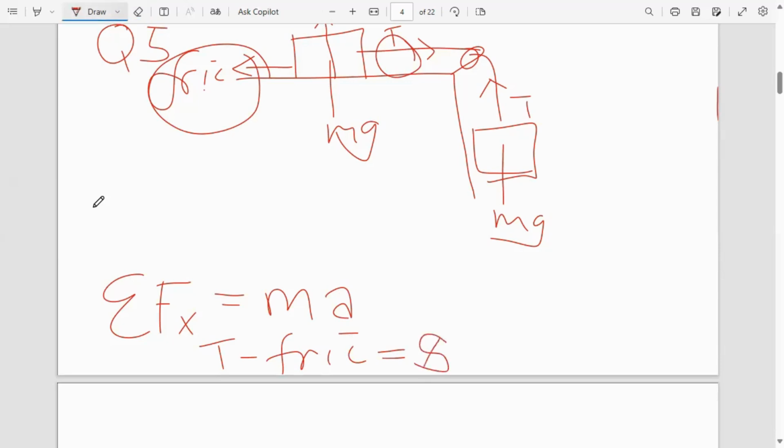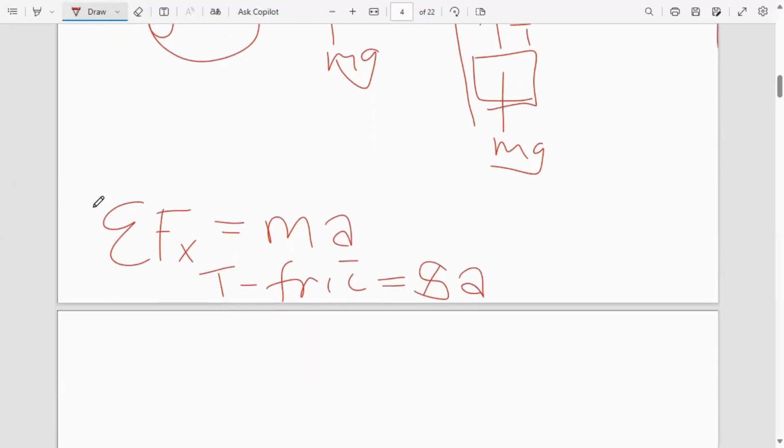So 8, which is mass multiplied by acceleration, A. And we've been given to say when they are released, a frictional force of 6 newtons is produced. So let's replace friction with 6. So I'm going to say T minus 6.0 will be equal to 8A.